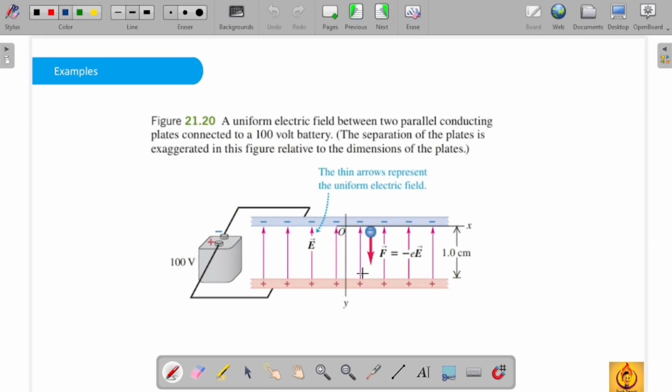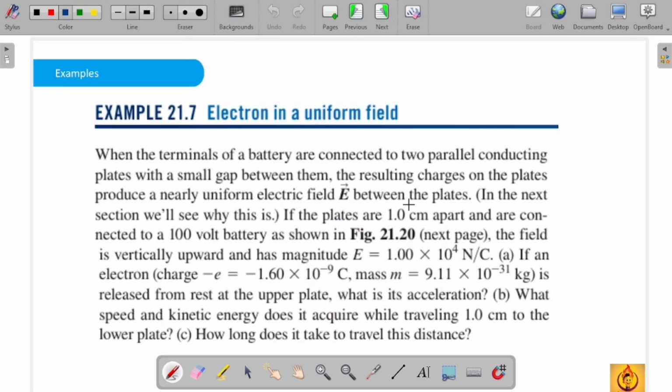There's an electric field between these two plates. If the plates are 1 centimeter apart and the battery is applying 100 volts, the field is vertically upward with magnitude 1 by 10 to the 4.